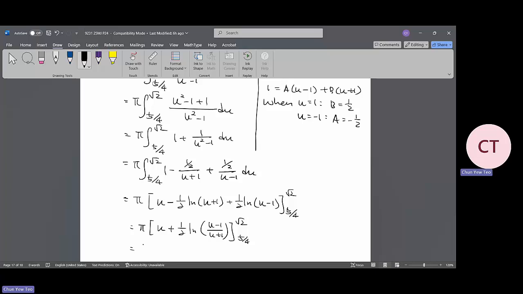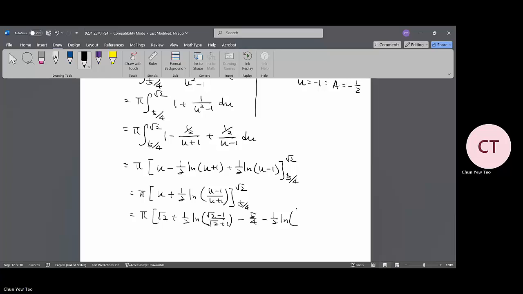So you will have this as √2 plus the half of the ln of (√2 minus 1) over (√2 plus 1), then minus the 5/4 minus the half ln of (5/4 minus 1) over (5/4 plus 1).